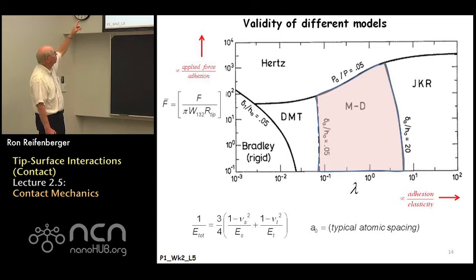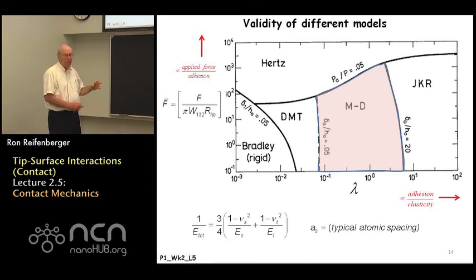It also depends on the radius of the tip that you're using. That's on the y-axis. On the x-axis is this parameter lambda, which is basically a measure of the ratio of adhesion to elasticity. Depending on what parameters you use for the tip and the substrate, you'll land somewhere on this plot. And depending on where you land, you can then make a decision about which model of contact mechanics is appropriate to your situation.